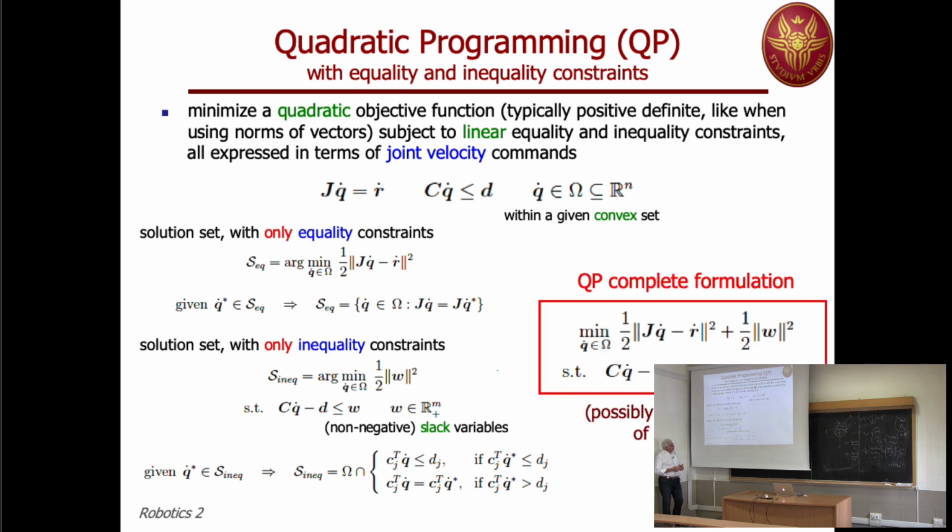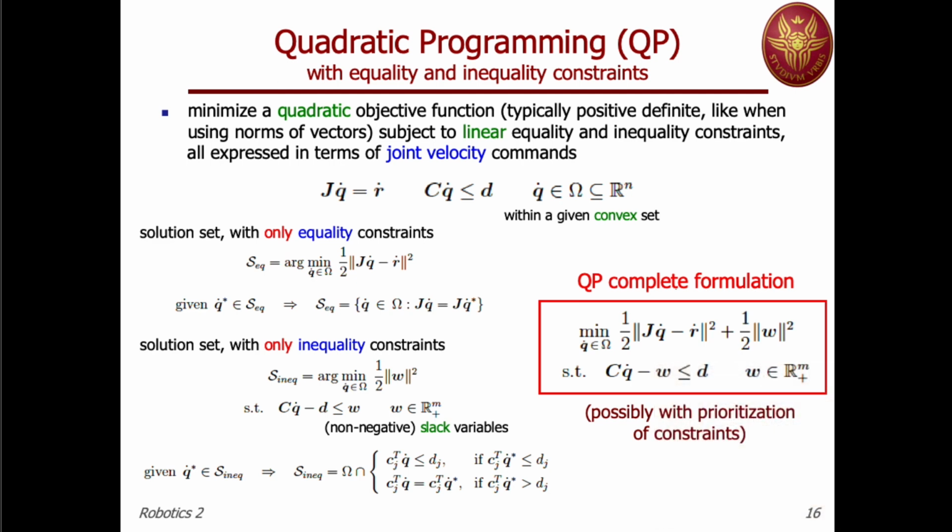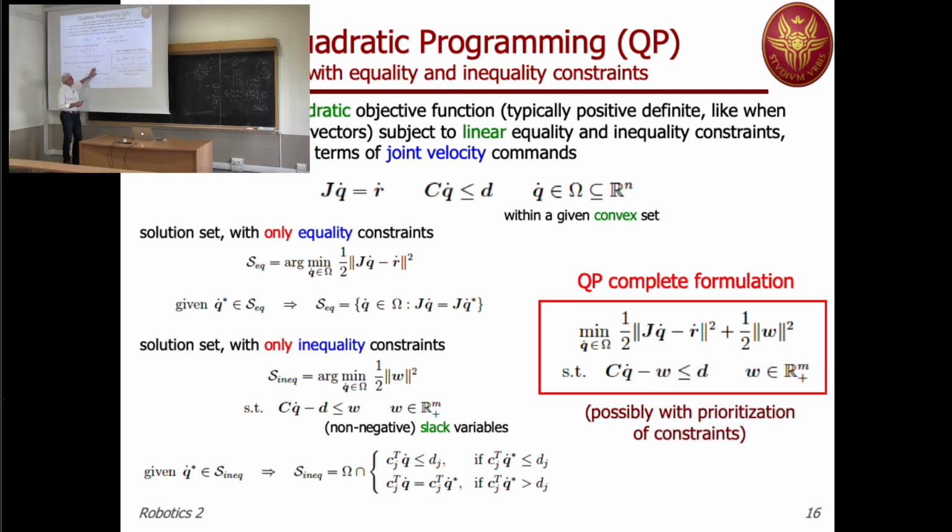So if we put together inequality and equality, so we take the two objective functions. Here there's no restriction, you see. This has only become a minimization of this task velocity equality constraint. And this is the objective function of the inequality case. And of course, you have to consider also the inequality.